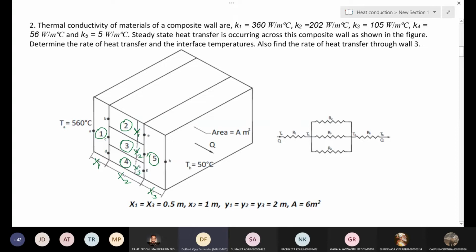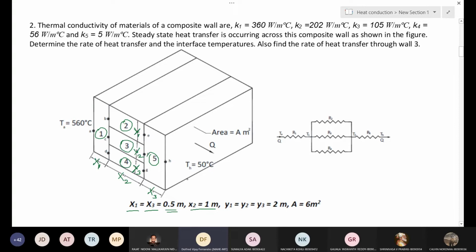The thickness of the first wall and the last wall is the same. X1 equal to x3 equal to 0.5 meter, and the remaining 3 walls in the middle, 2, 3, 4, have the same thickness x2. All 3 have the same thickness of 1 meter.